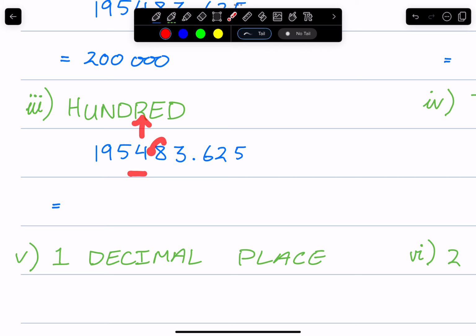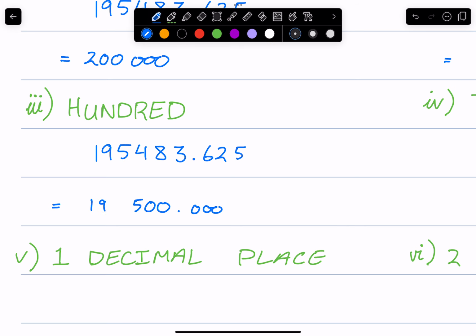Well, since 8 is bigger than 5, so the 4 becomes 5, and every number to the right becomes 0. So the 8 becomes 0, 3 becomes 0, and even the decimals become 0, whereas every number to the left of the chosen position remains the same.